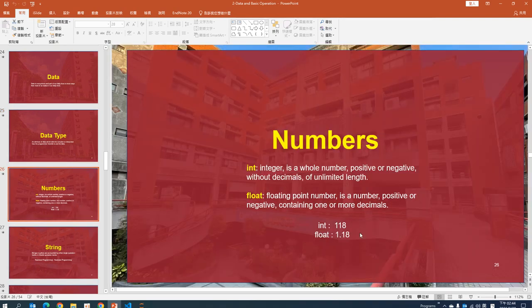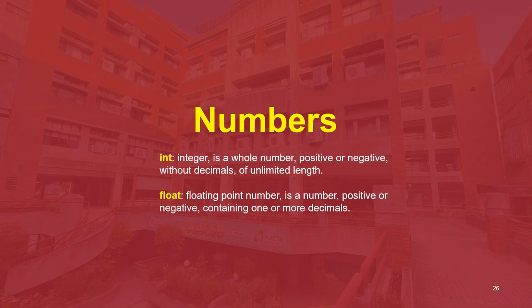First of all is numbers. Numbers can be divided into integers and floating point numbers, because different number data types use different memory. If I need to save floating point numbers, I may need more memory to store this data, because they may contain one or more decimals.